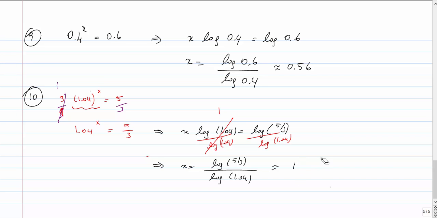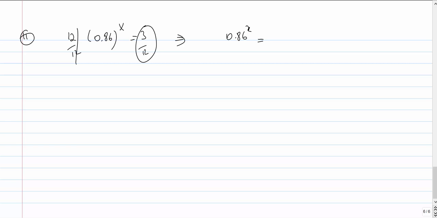Next question, 11: 12 times 0.86 to the x is 3. So I'm going to divide, of course, by 12. 0.86 to the x is 3/12, which, if I reduce it, is 1/4.